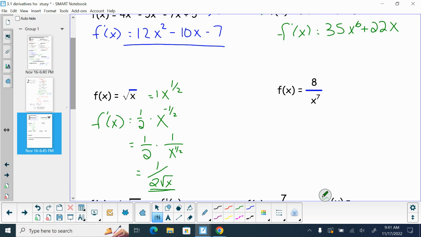Next, 8 divided by x to the 7th power. Now, once again, we need to get it in the form ax to the nth power to use that property. Well, how can I rewrite 8 divided by x to the 7th in the ax to the nth form?